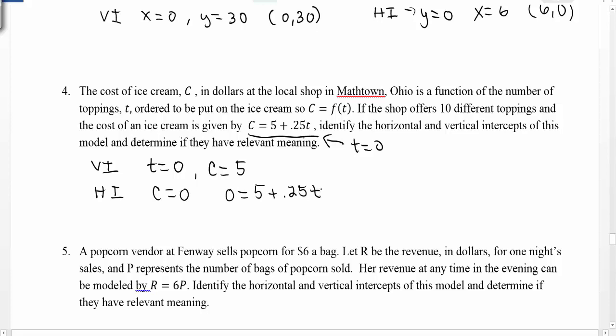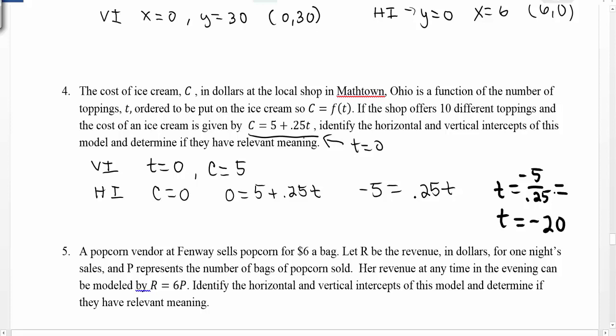So if I were to solve for t here, I would subtract 5 from both sides, and I would get negative 5 equals 0.25t. t is going to equal negative 5 divided by 0.25. And when you crunch that number in your calculator, you're going to get t equals negative 20.